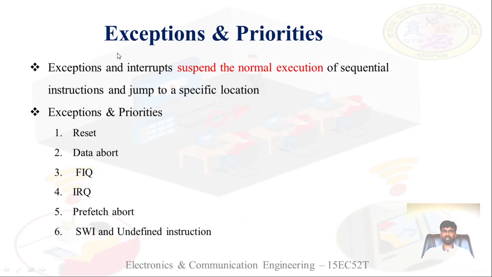Okay, now we'll talk about what exceptions are and what the priority of those exceptions is. Exceptions or interrupts suspend the normal execution. These are events that suspend or halt the normal execution of sequential instructions.